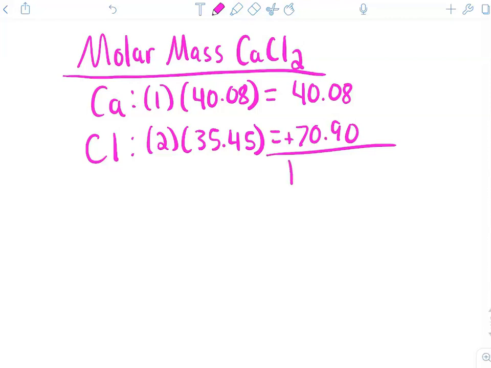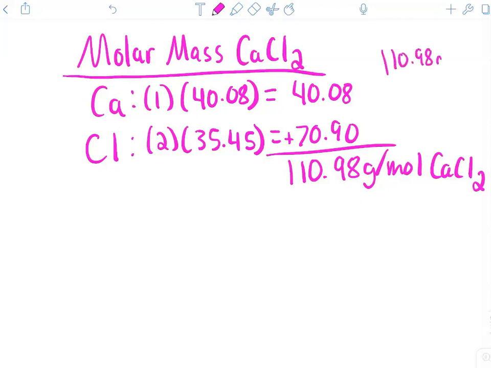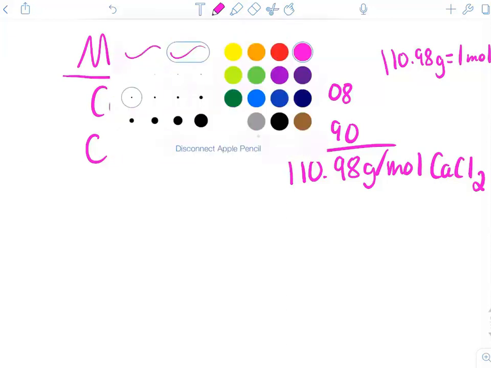Add them all together, 110.98 grams per mole of CaCl2. Okay, and again, what we're saying there is 110.98 grams equals 1 mole. Okay. Then we have our setup.